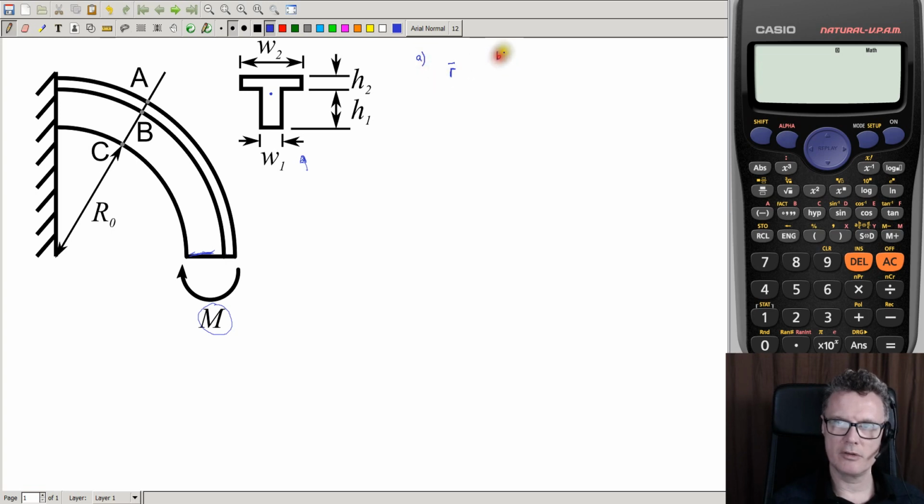The second thing I'm going to find is called the radius of curvature, and in most textbooks it might be given the symbol big R. So the radius of curvature is effectively the neutral axis of a bent beam. And it turns out because this is a curved beam, these two things aren't the same.